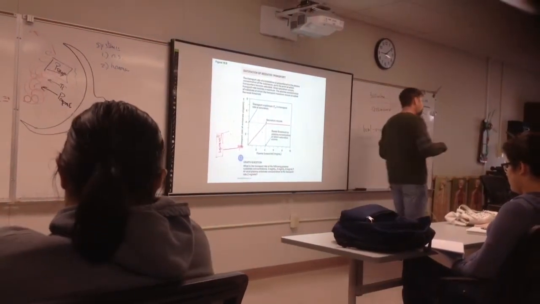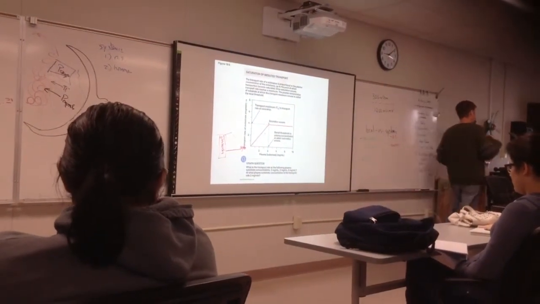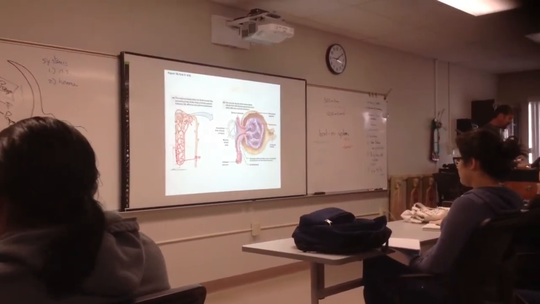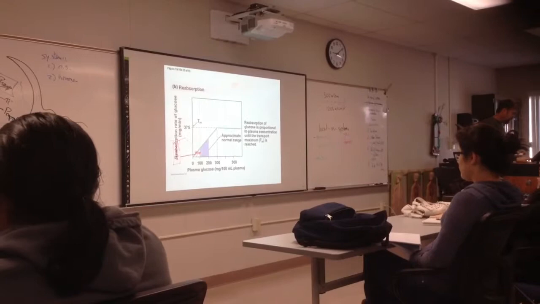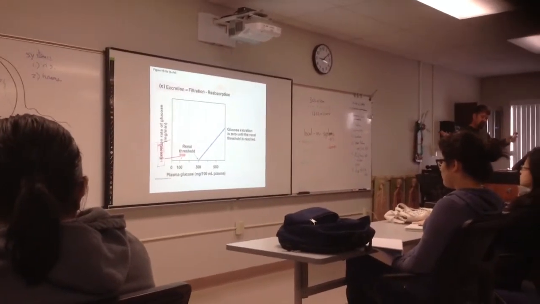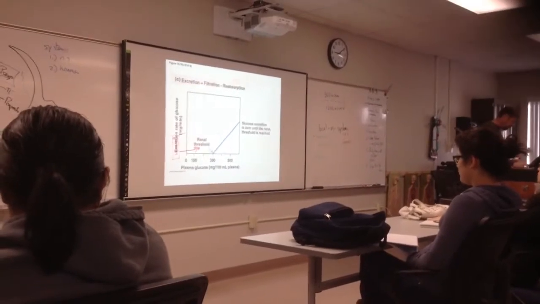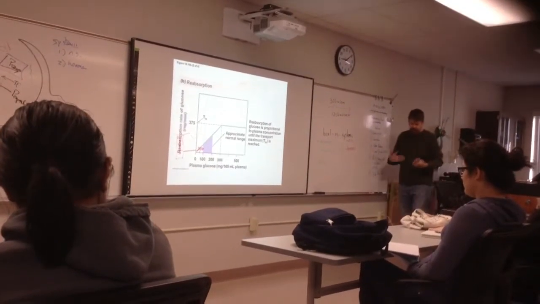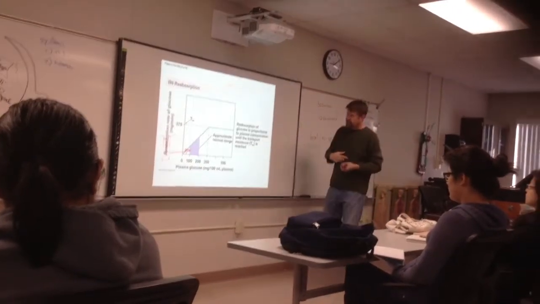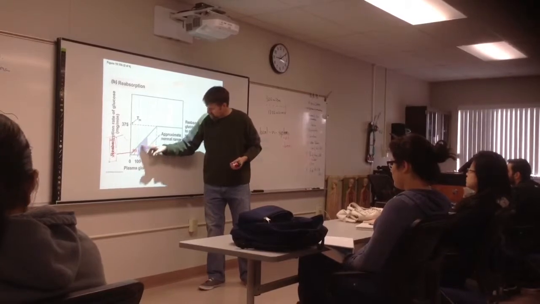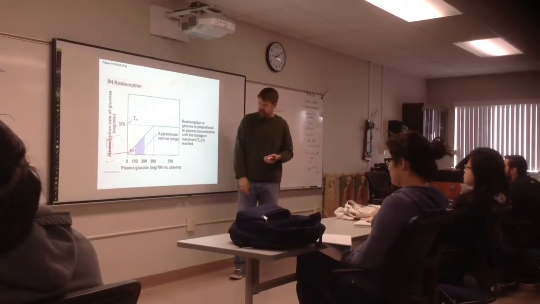Now, if you exceed that saturation, it is possible to excrete something in the urine. So for example, glucose, under normal conditions you would never find glucose in the urine. This is your approximate range of blood glucose levels, somewhere between 100 and 200.